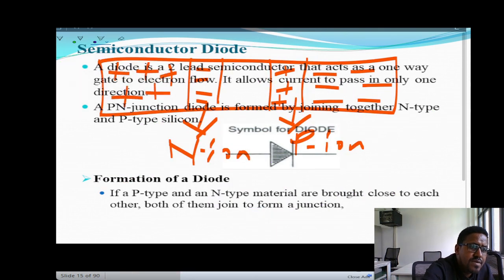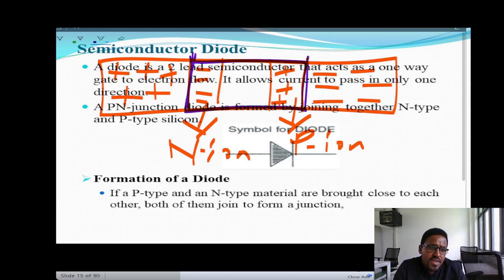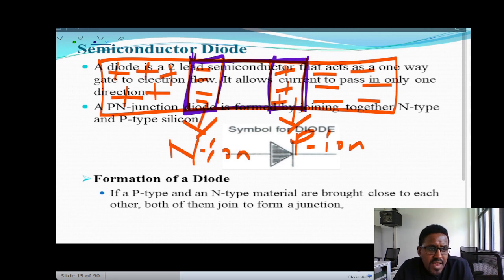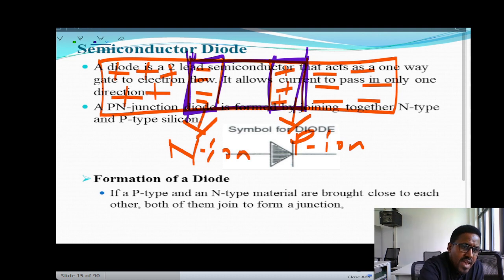Now this region is free from movable charge carriers. The ions present here are stationary and maintain a region of space between them without any charge carriers.